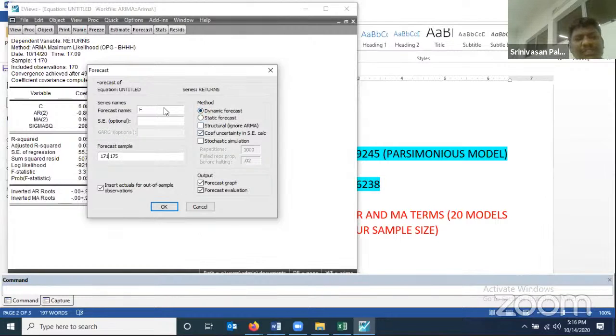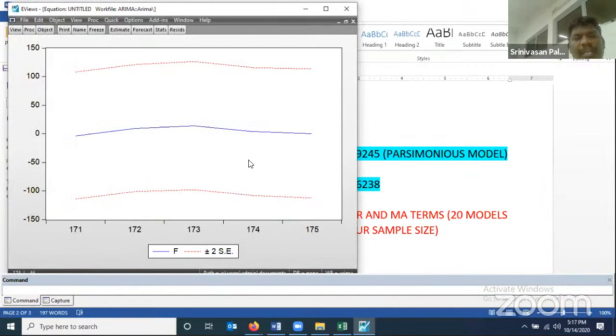Don't change anything else, dynamic stays as is. Click OK.